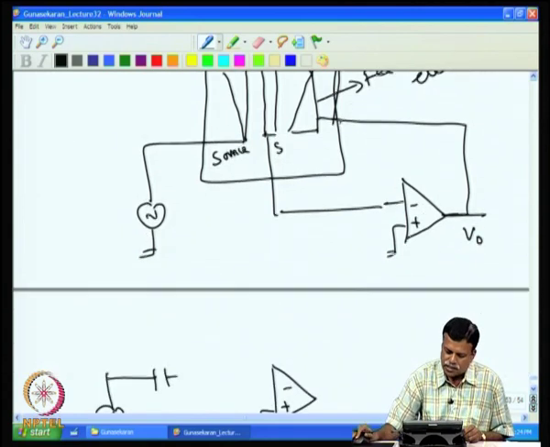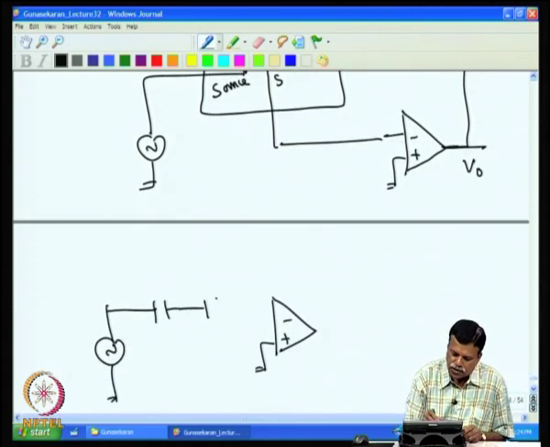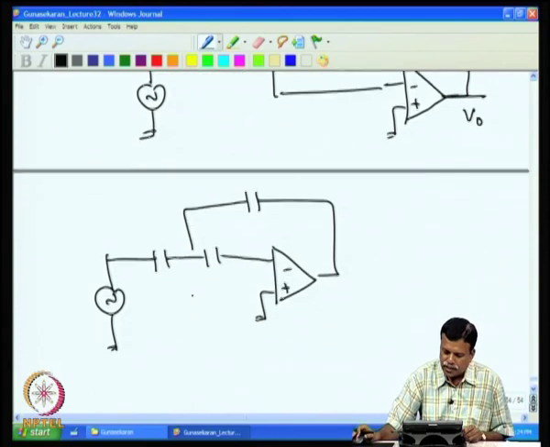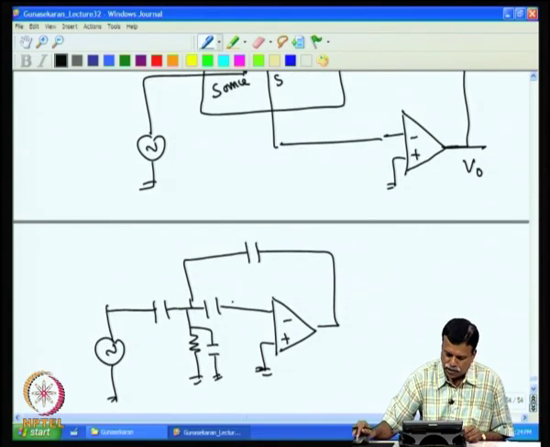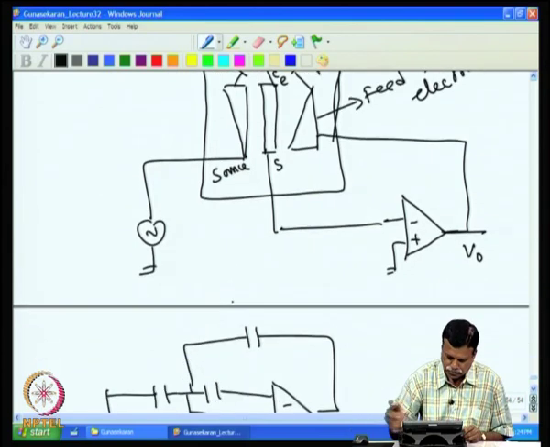So, we have CS and CE coming in series to this, and the feedback capacitor comes like this, and we may also have leakage current to the ground from the water. So, that can be shown like this. The equivalent circuit turns out to be CS here, and then CF and then CE.